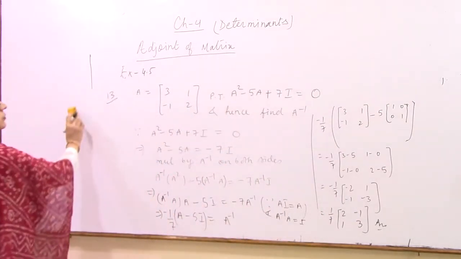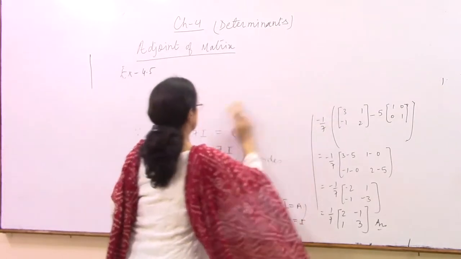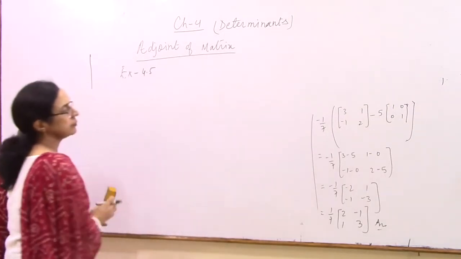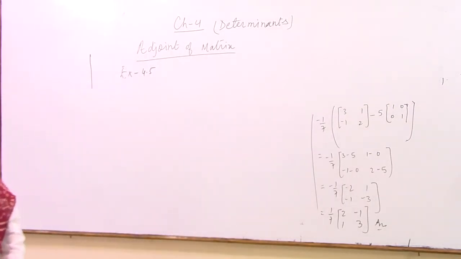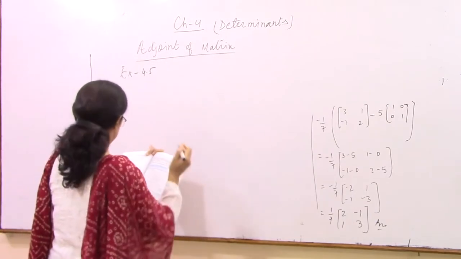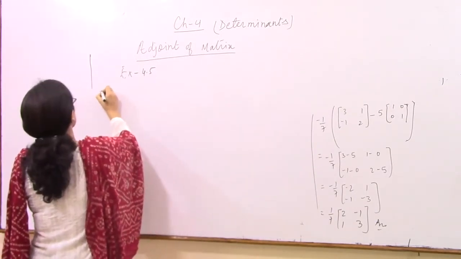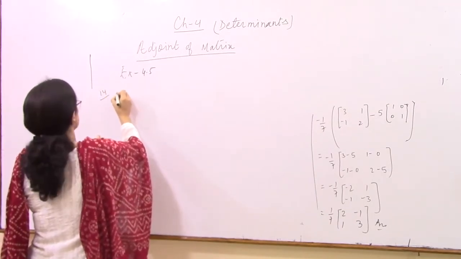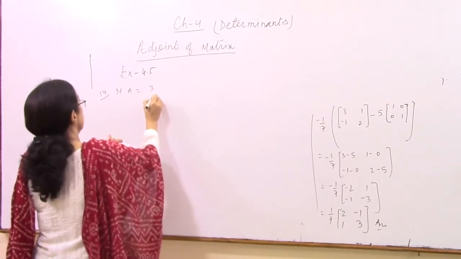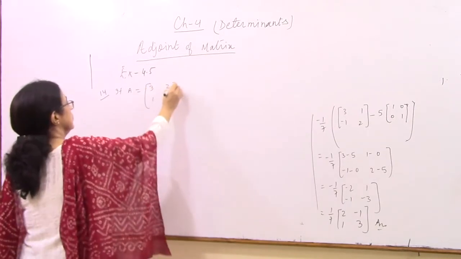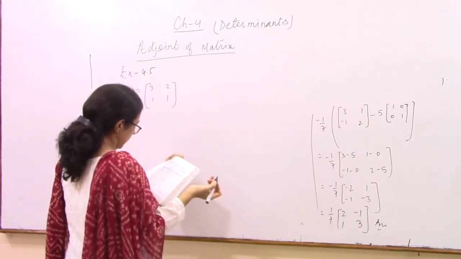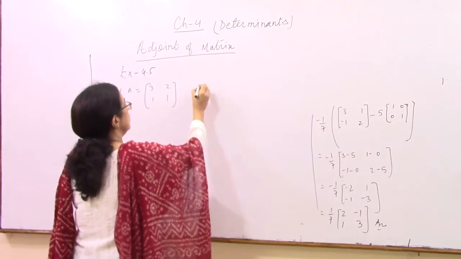Next question. Question number 14. If A equal to [3, 2; 1, 1], find the numbers a and b such that A square plus aA plus bI equal to null matrix.